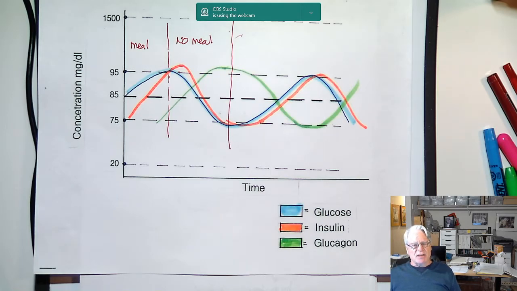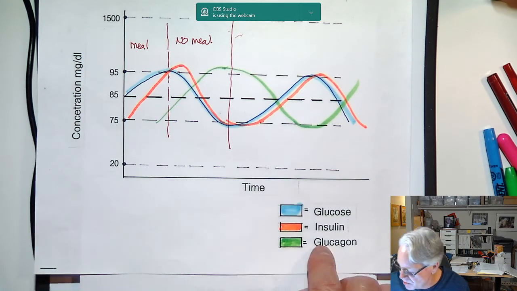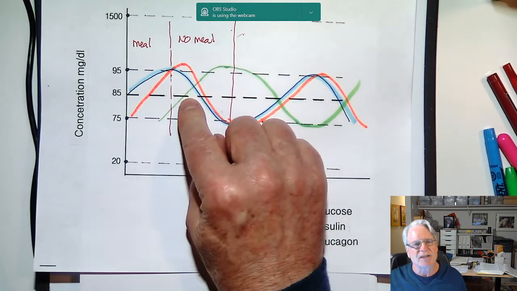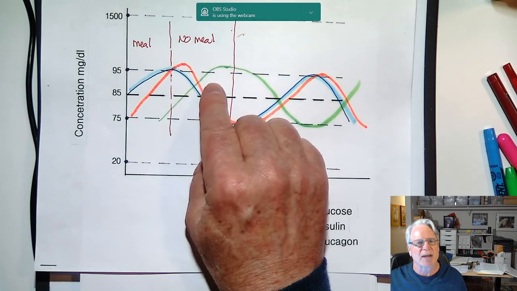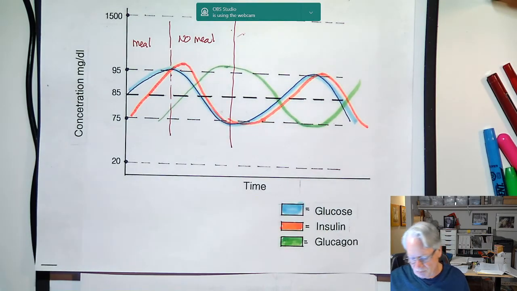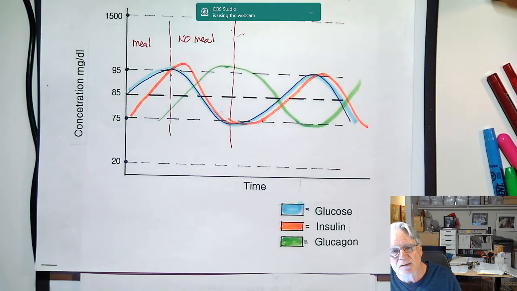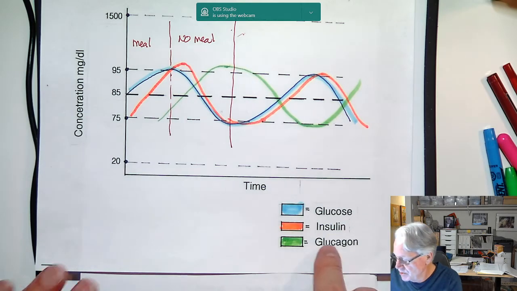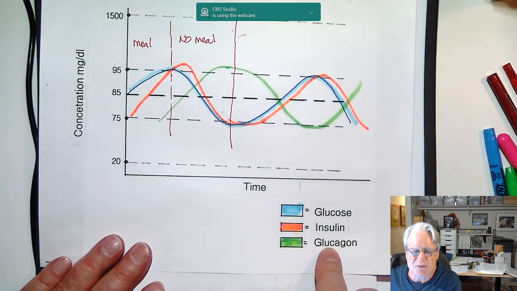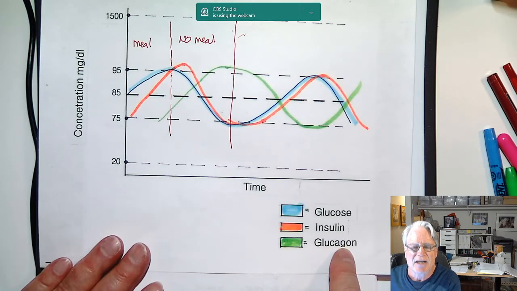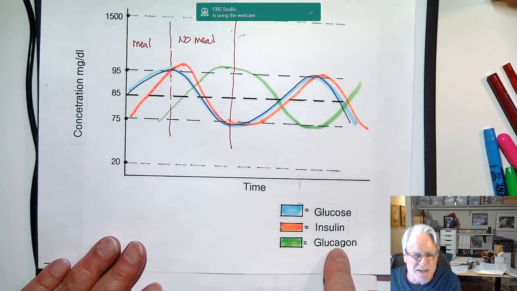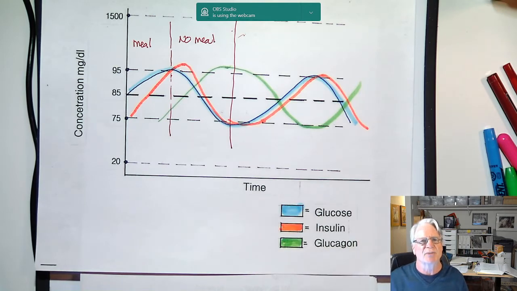And as they measure a decrease in the concentration, they produce a hormone called glucagon. I'm sorry, I'm getting those two terms mixed up. So the hormone is glucagon, and glucagon causes glycogen to be broken down in the liver and has some other responses in other parts of the body as well.